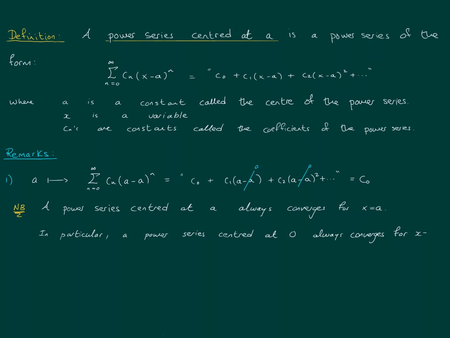So in any of the power series we've seen before, plugging in x equals 0 makes sense when we've expanded it as a power series centered at 0. So anything except method 2 in the last example.